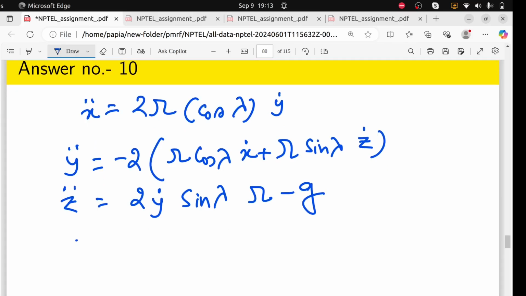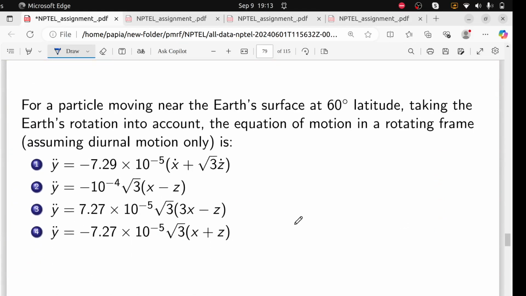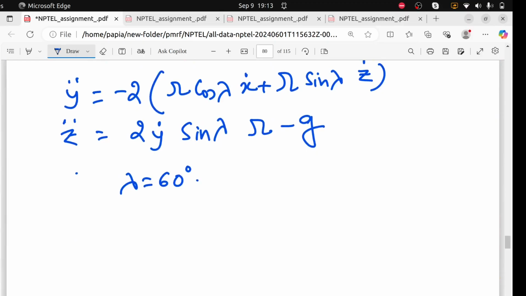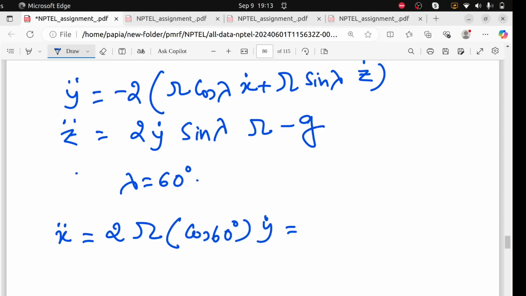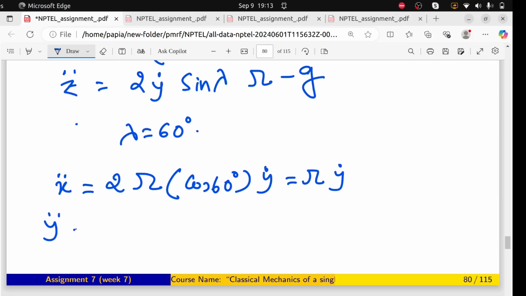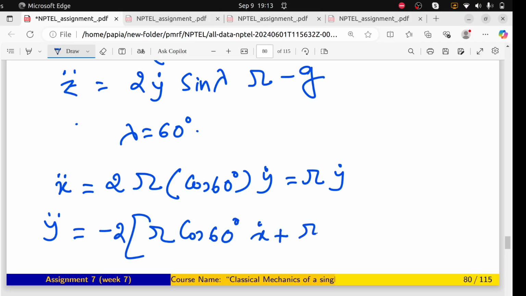Okay, so these are the equations of motion. Now in this question, lambda is given as 60 degrees, and they are asking what will be the value of y double dot. So if lambda is 60 degrees, then x double dot will be 2 omega cos 60 y dot, and cos 60 is half, so it is omega y dot. Then y double dot is minus 2 omega cos 60 x dot plus omega sin 60 z dot.